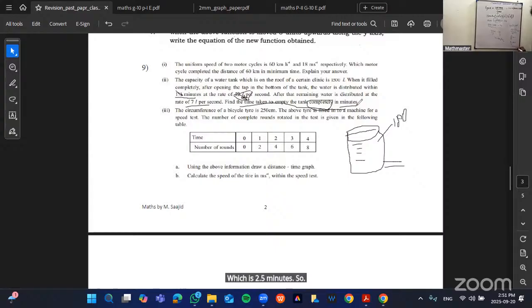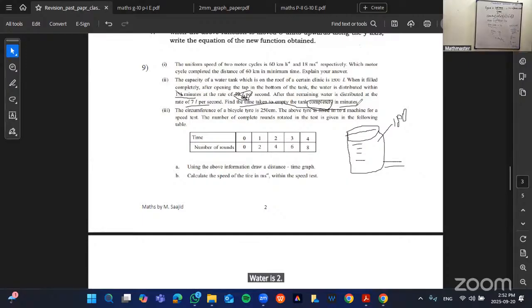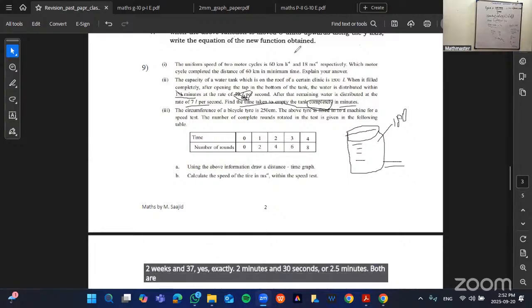So the total time taken to empty the entire water is 2.5 minutes. This is the answer they are asking for. Yes, exactly, 2 minutes and 30 seconds or 2.5 minutes. Both are correct.